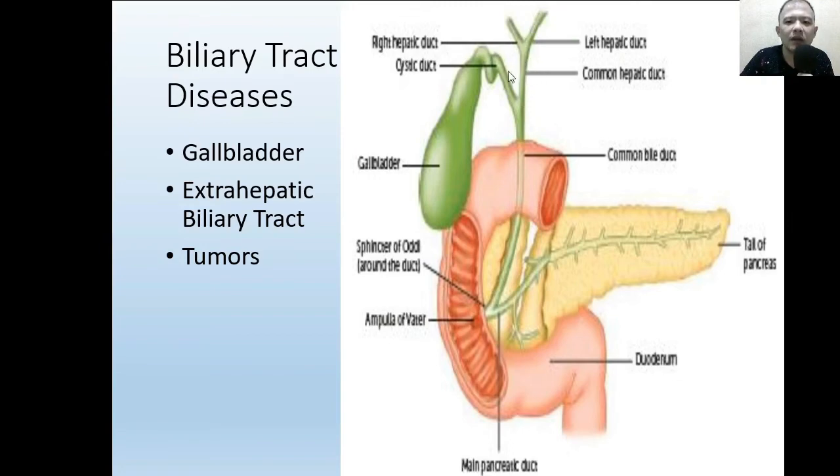The common hepatic duct and the cystic duct, which comes from the gallbladder, merge into the common bile duct, which supplies bile to the duodenum of the small intestine.